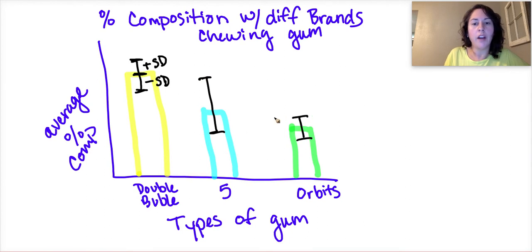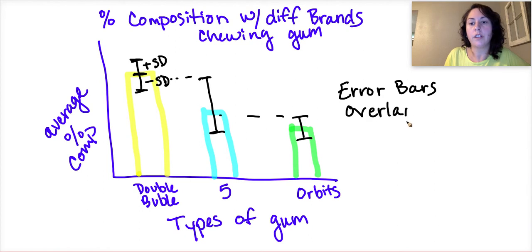Now, if our error bars actually overlap, which we see all of these do, then we say that there's no statistical significance. So if error bars overlap, there's really no statistical significance.